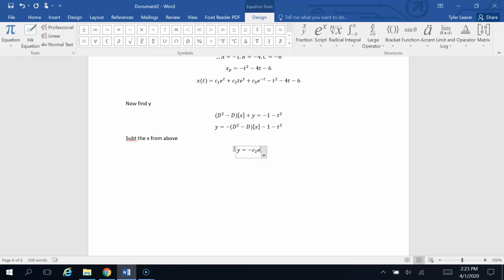So negative c2 e to the t minus 2c3 e to the negative t minus t squared minus 2t minus 3. So again, this is taking this x, taking the first derivative, that's going to be this negative d on the x, taking the second derivative, which is going to be the negative d squared on the x, then just plugging it in and combining like terms together. So once you have the x or the y, try to find an equation that only has the missing one by itself in terms of the other and then plug it in.